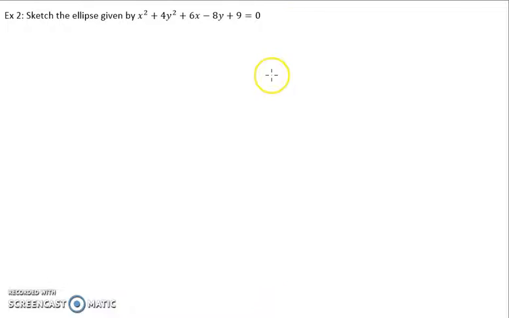So this is actually going to have us complete the square 2 different times. What we want to start with is grouping together the x's and the y's, and let's move that 9 to the other side. If we're going to complete the square, we want to do it twice here, for the x's and the y's.